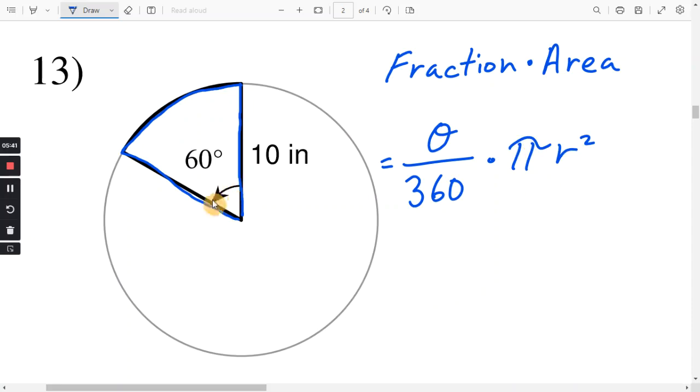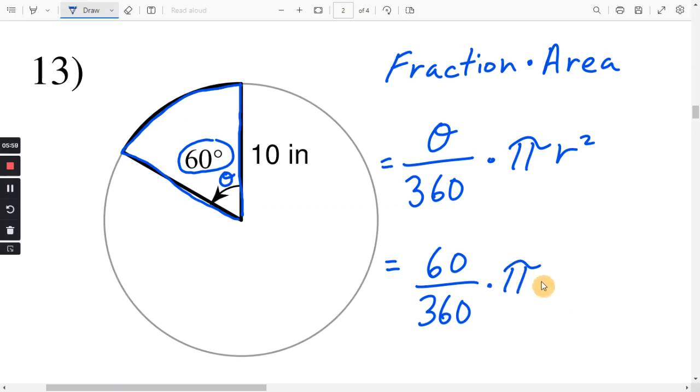This angle right here is our angle theta, and we can see the angle theta measures 60 degrees. In place of theta, I'm going to write 60, divided by 360, times pi times r squared.